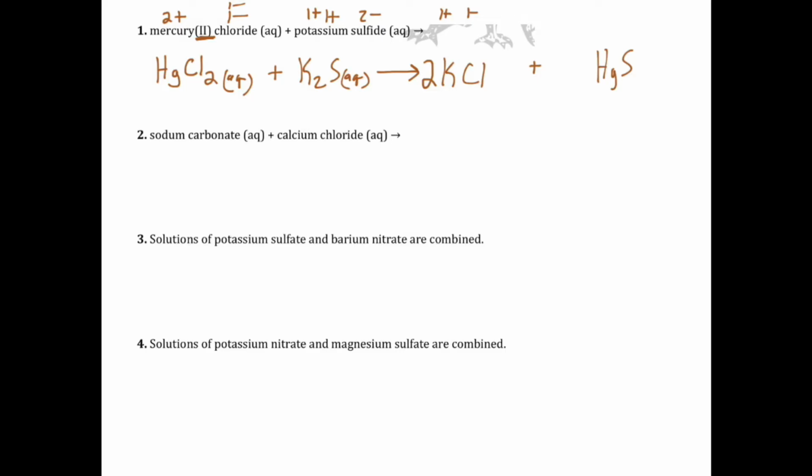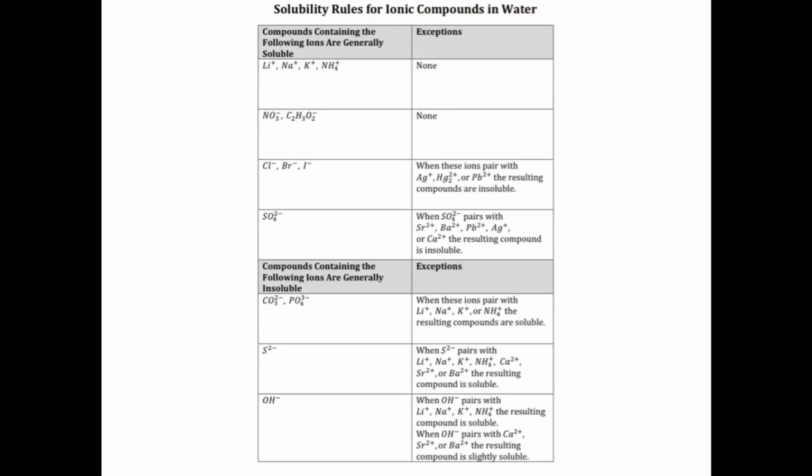This is where we need to look at our formula chart to determine if something is aqueous. So let's take a look at this here. This is potassium chloride. It has potassium. When we look at our formula chart, we want to find potassium or chloride. We just need to find one of the ions. Now notice here's potassium, and chloride, and they're actually in the same section up here, in the top half.